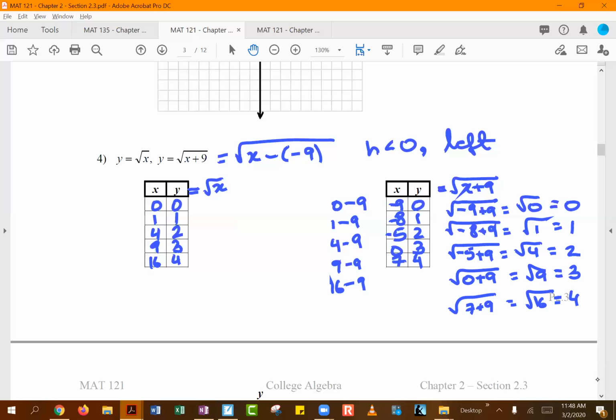All right, so in this case, we subtracted 9 from all our x values, and you should notice that your y column is the same as the base example, right? The base function. Okay, so let's go ahead and graph this guy.